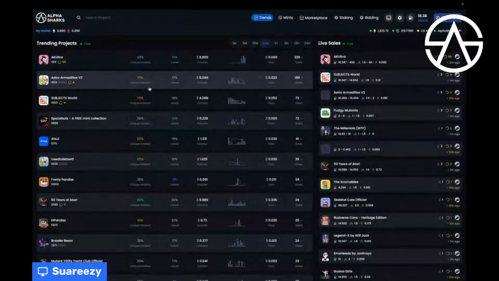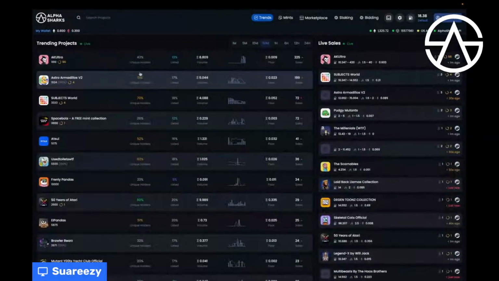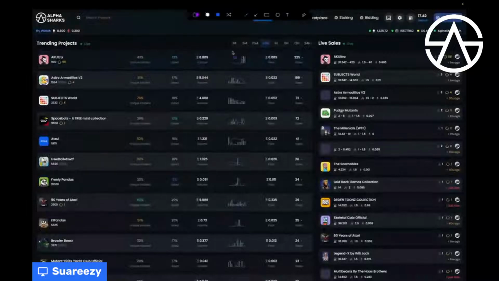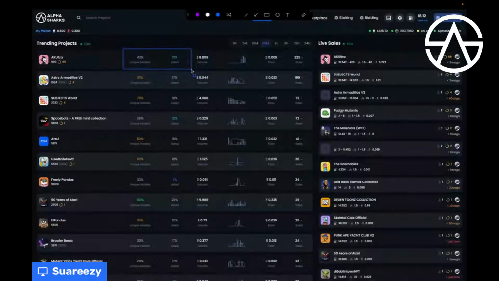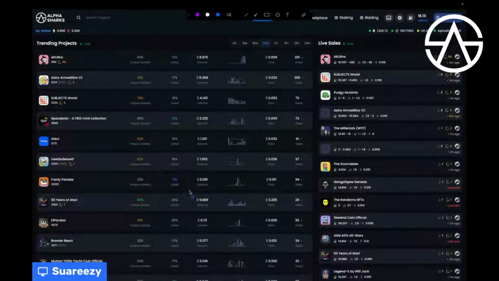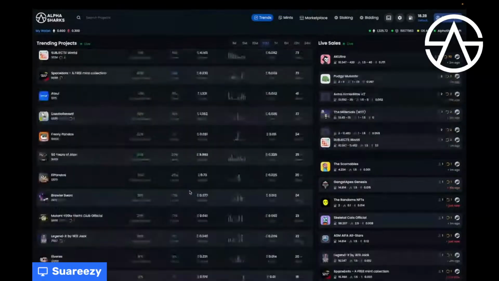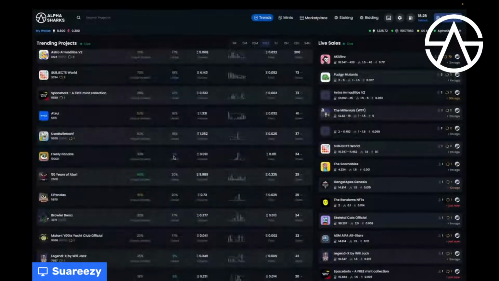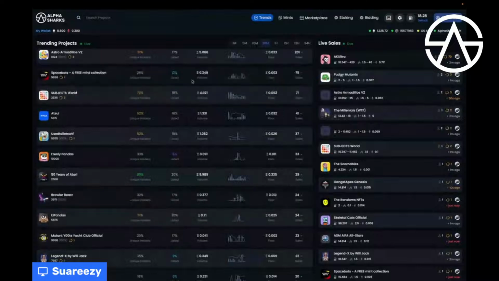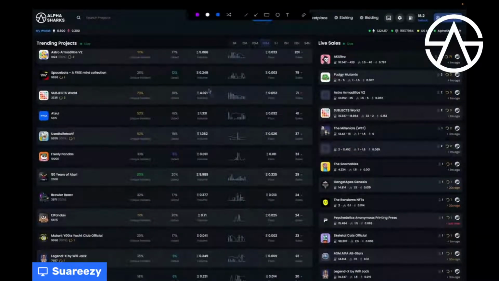Another thing that lots of people have questions on is the color coding of our unique holder and listed portions. What we're looking for here is our listing percentage. It's going to be about 5% and under. We're going to see purple be our indicator here.